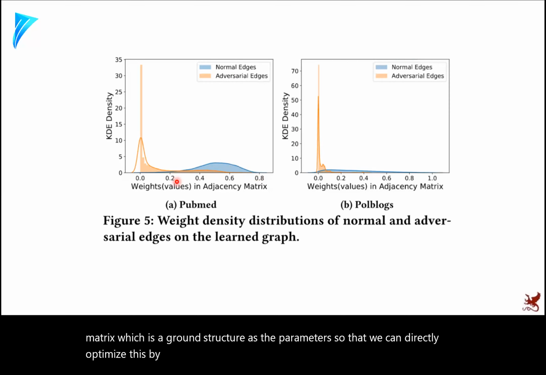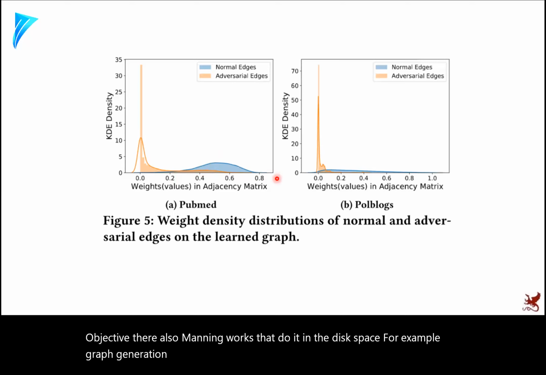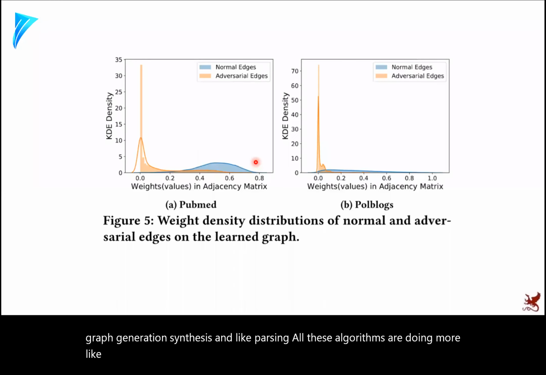There are also many works that do it in the discrete space, for example graph generation, synthesis, and parsing. All these algorithms work more in a discrete space. For example, given a partial graph, how to expand to the next graph as a Bernoulli distribution.